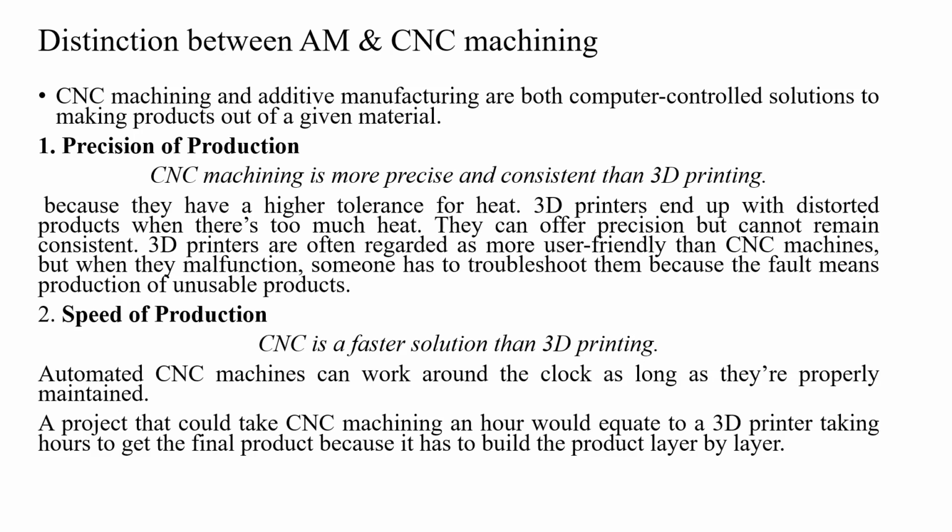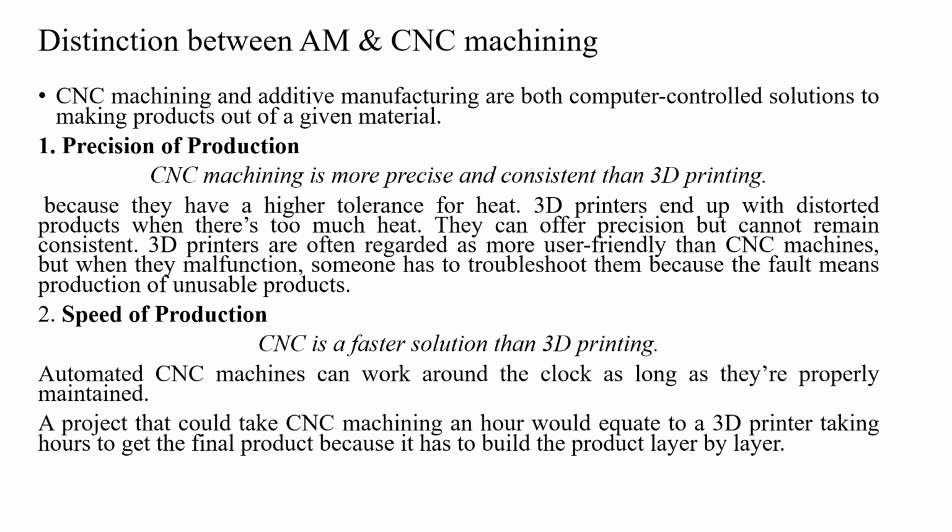That is, 3D printing machines versus CNC machines. The first point is precision of production. CNC machining is more precise and more consistent than 3D printing, because CNC machines have a higher tolerance for heat.